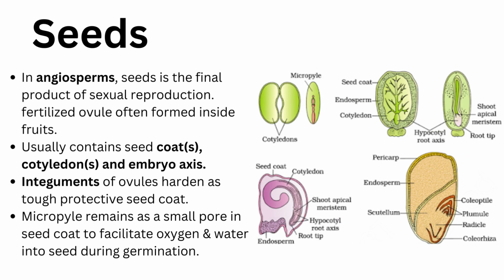Now seeds. In angiosperms, the seed is the final product of sexual reproduction. The fertilized ovule is often formed inside fruits. It usually contains seed coat, cotyledons and embryo axis. Integuments of ovules harden as a tough protective seed coat. Micropyle remains as a small pore in the seed coat to facilitate entry of oxygen and water into the seed during germination.